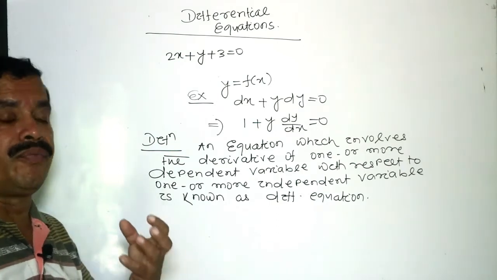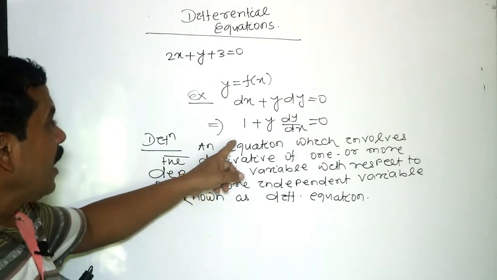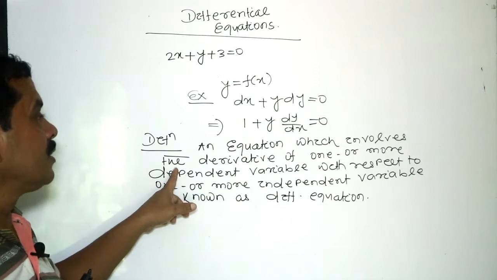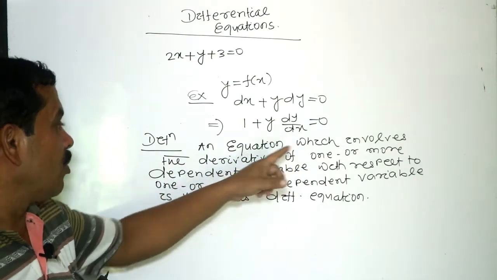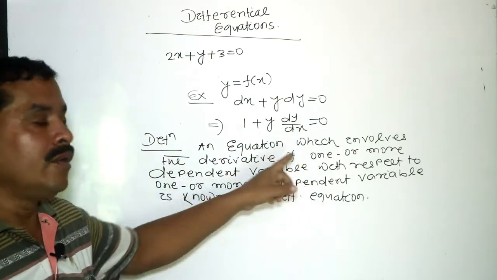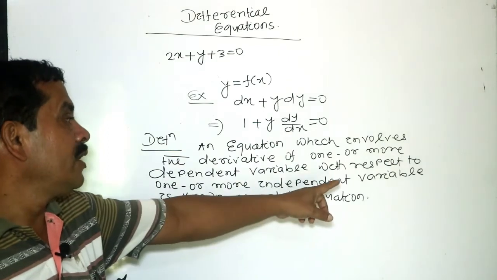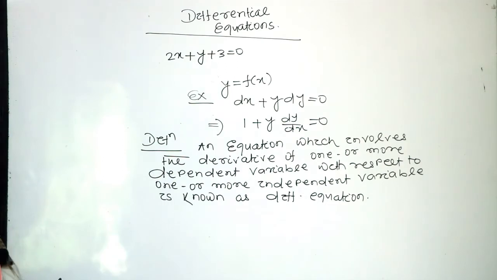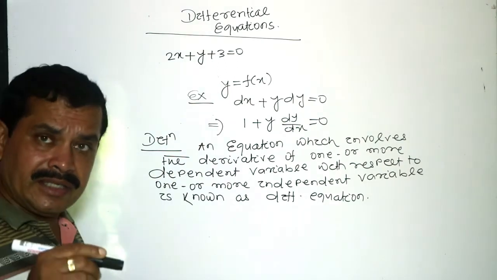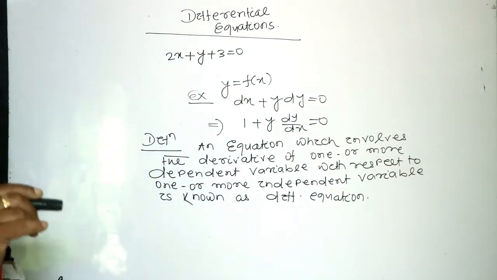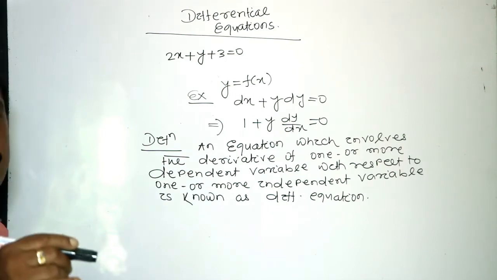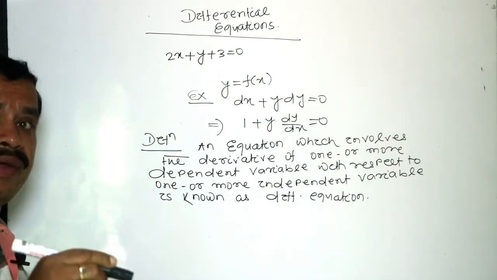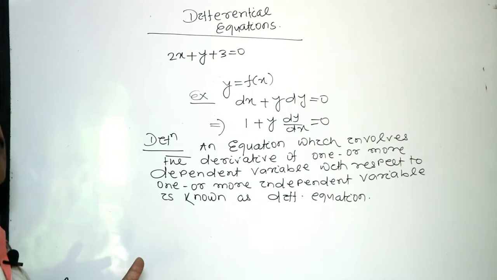What do you mean by differential equation? That is an equation which involves the derivative of one or more dependent variables with respect to one or more independent variables is known as a differential equation. In other words, an equation which involves the derivative is known as a differential equation.